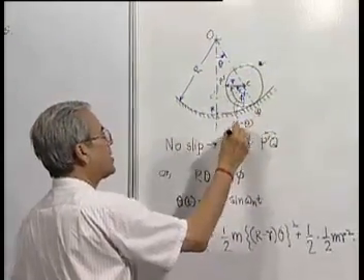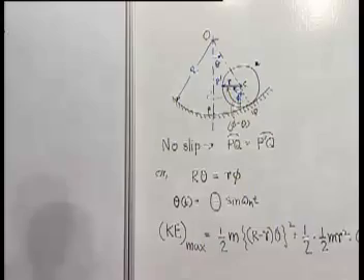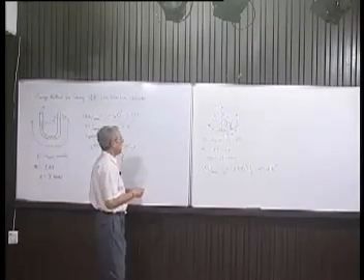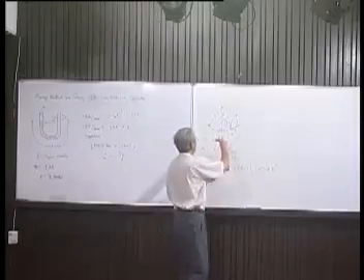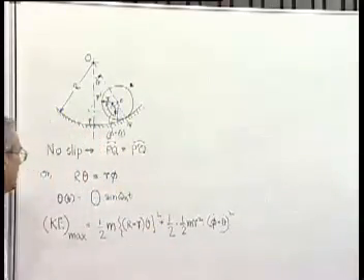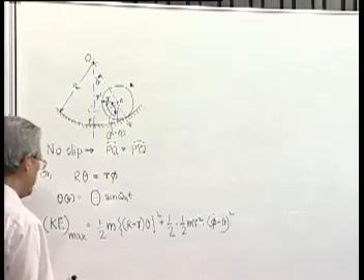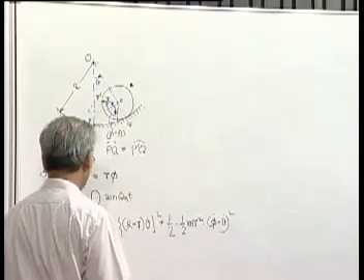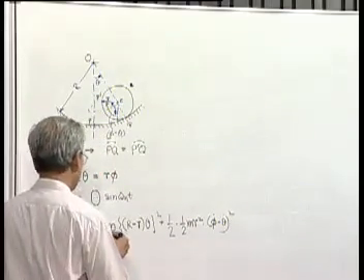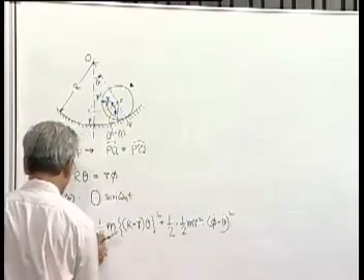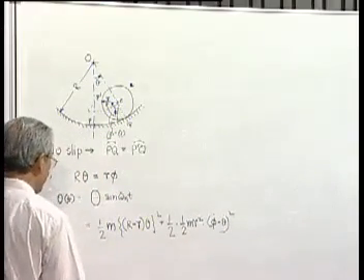So the amount of rotation of this smaller cylinder is not phi, but phi minus theta. So its angular velocity will be the time derivative, that is phi dot minus theta dot. That is the kinetic energy.